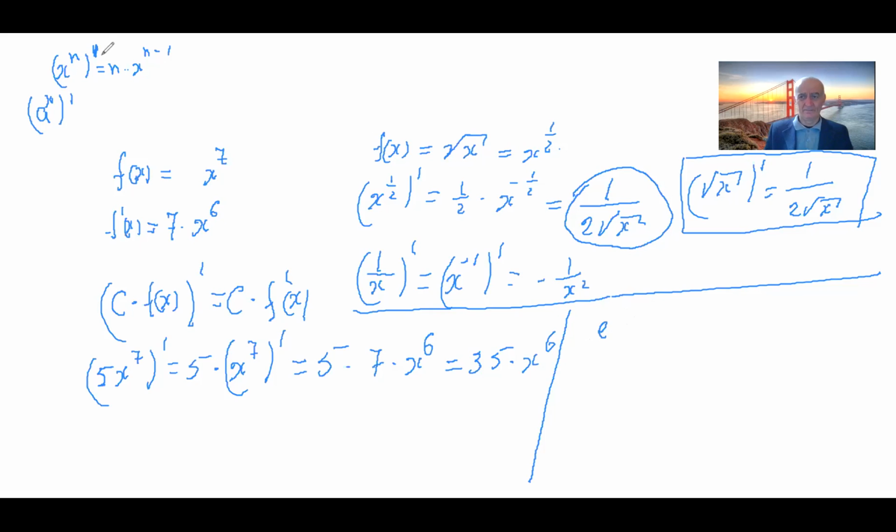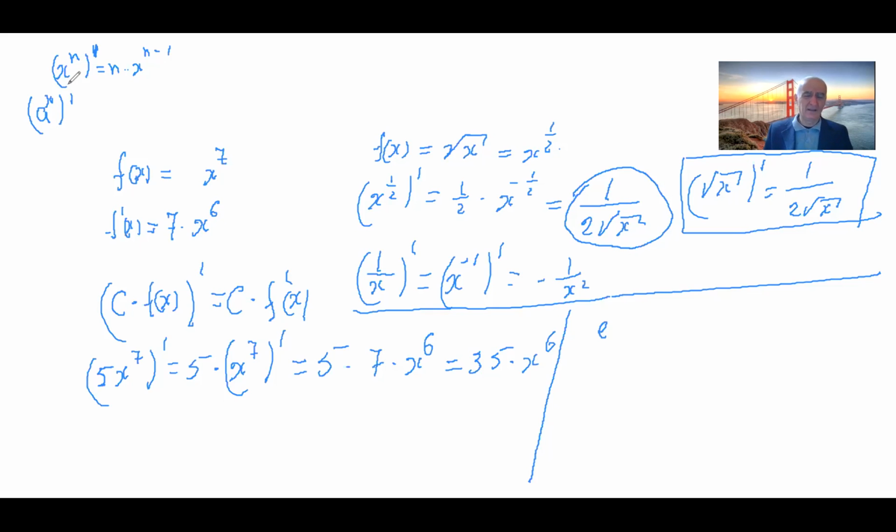a to the power x and x to the power n. a to the power x is an exponential function, and x to the power n is a power function. So they are absolutely different functions. And what is the difference?